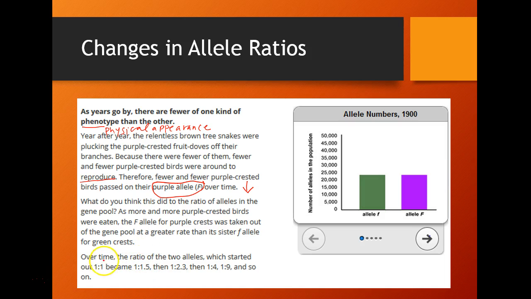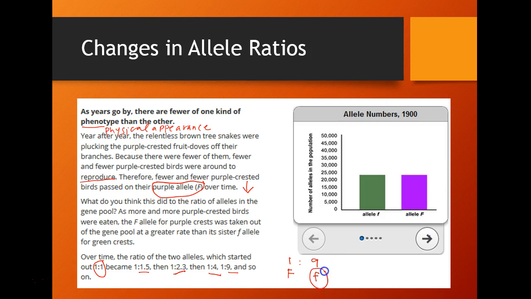So over time, even though we started off with a ratio that was 1 to 1, it soon became 1 to 1.5, 1 to 2.5, 1 to 3, then 1 to 4, 1 to 9, etc. So for every one big F allele, we saw, for example, 9 little f's.